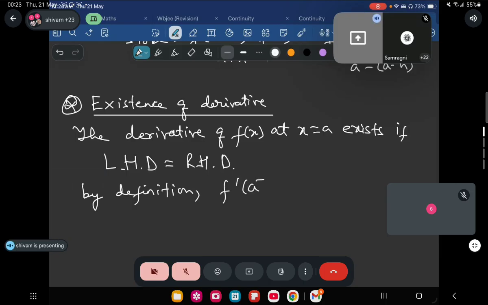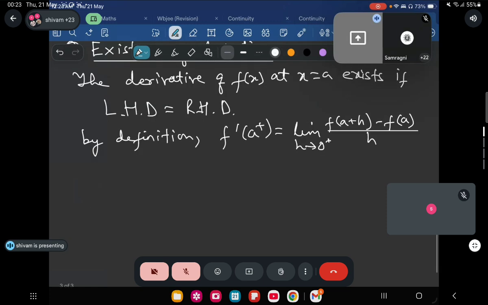f dash a plus is equal to limit h tends to 0 plus, means approaching from the right hand side, f of a plus h minus f of a by h.